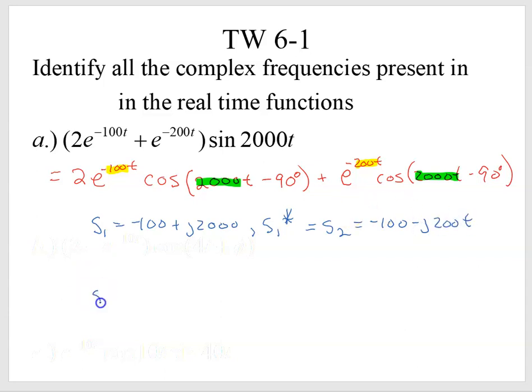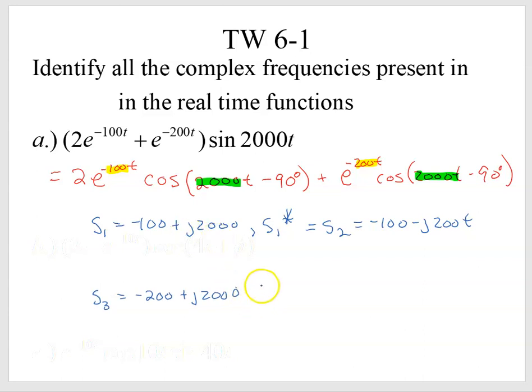And then we have an S3, which is equal to negative 200 plus j2000. That's the 2000, not 2000t.